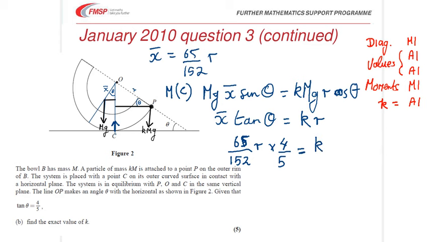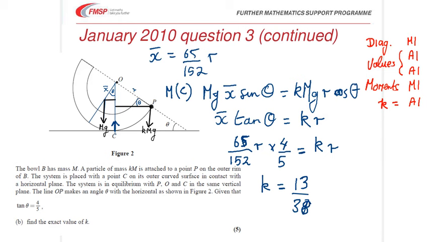So the r's now cancel out, and we get k equals 13 over 38. Apologies for my pen playing up a bit.